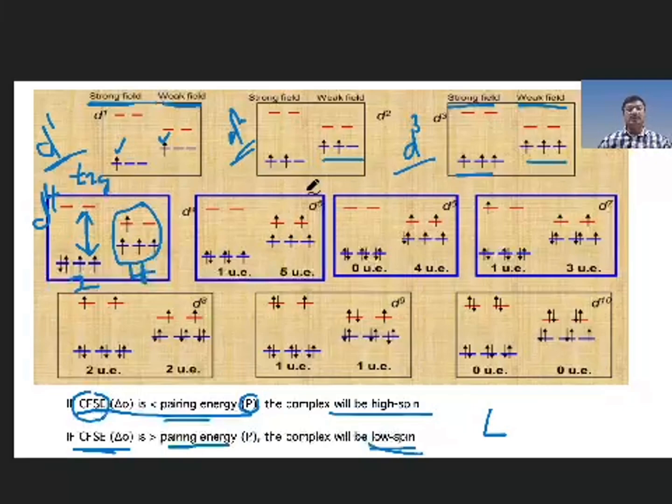And let us come to d5. In the case of the d5 electronic configuration, a total of 5 electrons are there. In the case of low spin, the first electron will go to t2g, the second also t2g, the third also t2g.